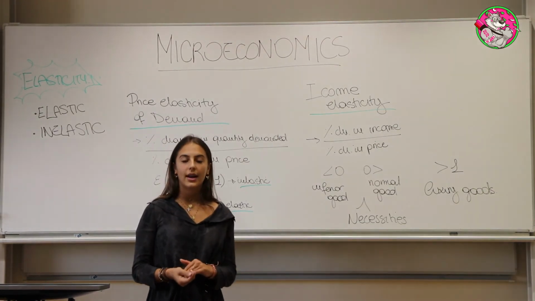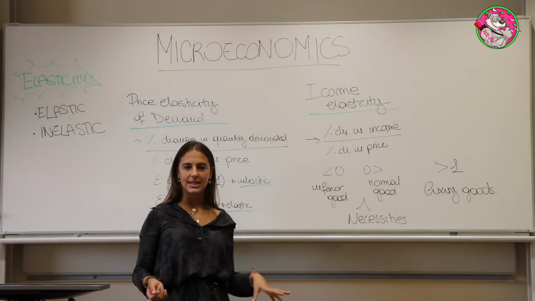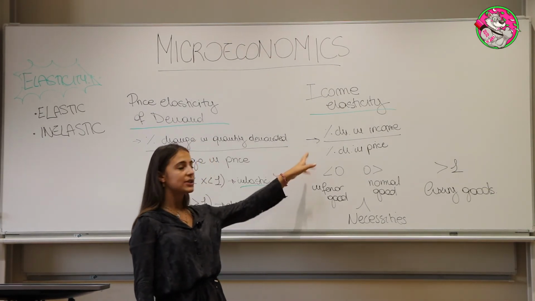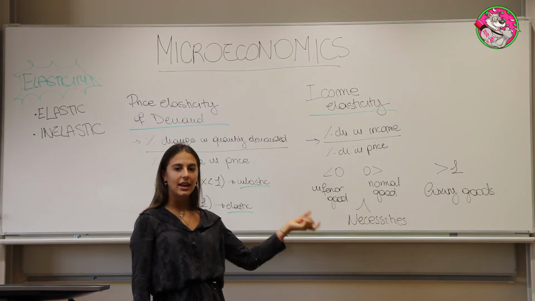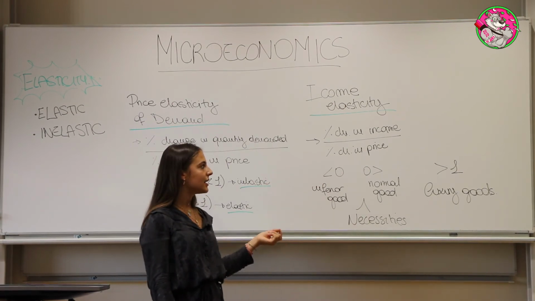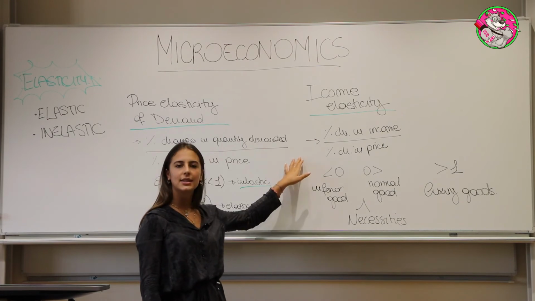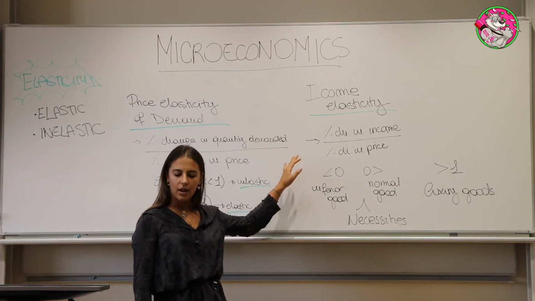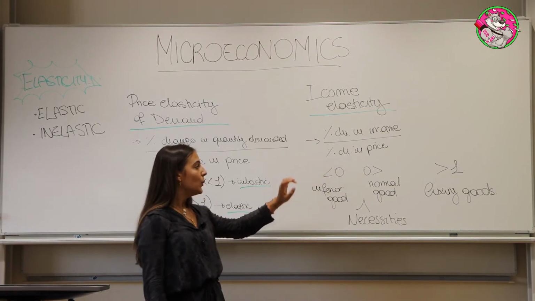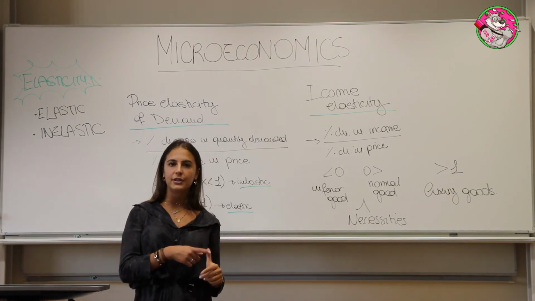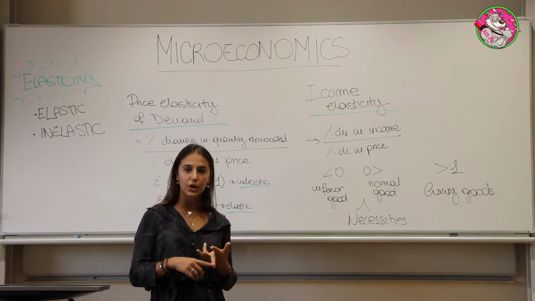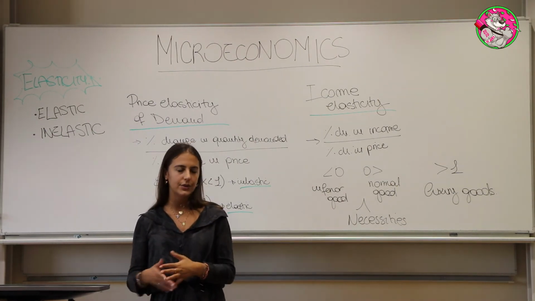We can also analyze the income elasticity, and this is the percentage change in income over the percentage change in price. With this type of measurement, we can see if the good is an inferior good, a necessity, a normal good, or a luxury good.